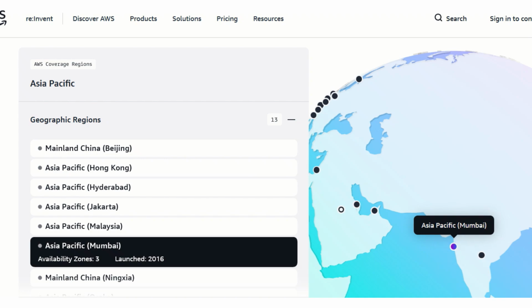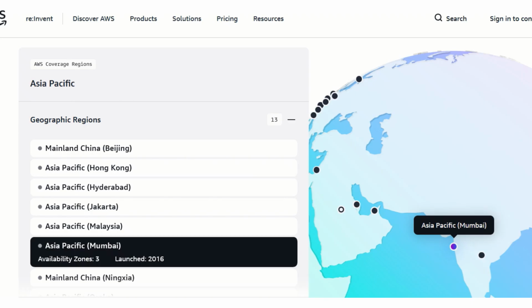So this is actually a geographic region. Under this, they are building the availability zones. Mumbai is a region. In Mumbai, they have three availability zones, three different data centers in the same region, built in Mumbai itself.